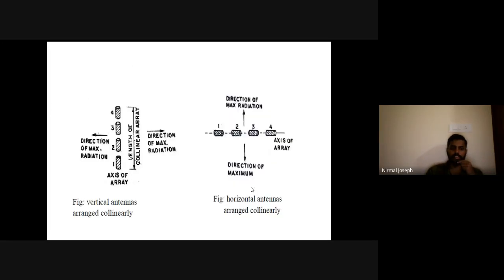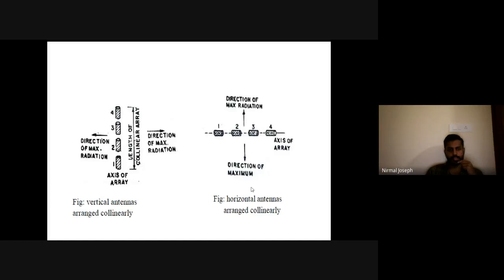Here two types of arrangements are shown: vertical antennas arranged collinearly and horizontal antennas arranged collinearly. The only thing is the antennas should be arranged in a straight line. In the left side picture, you can see the axis of the array is vertical, and the antennas are arranged vertically.